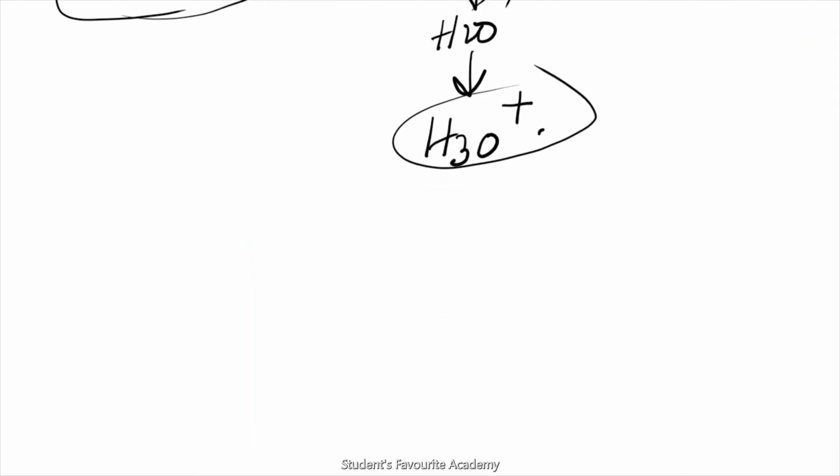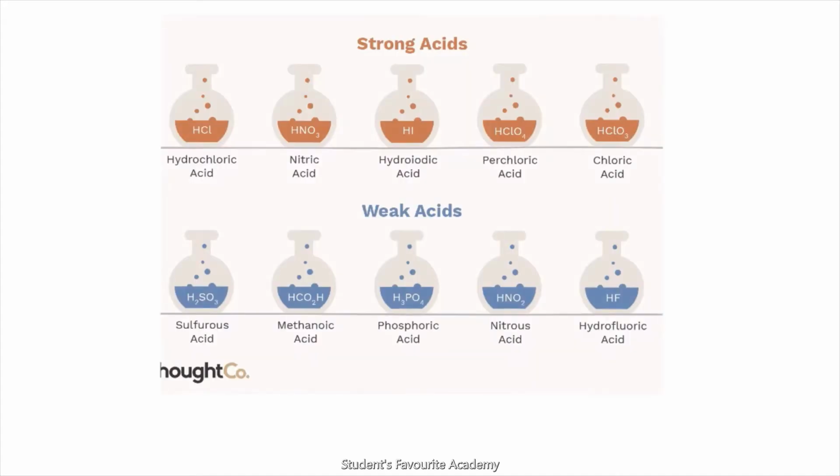Next, now acids are again classified as strong acids and weak acids. Now let us learn how they are classified.